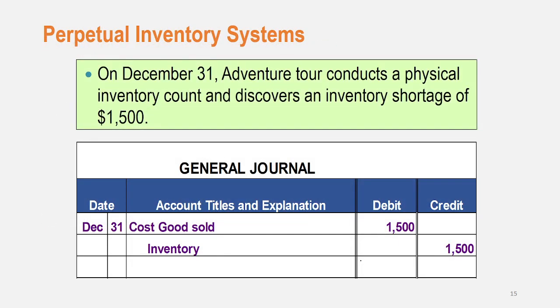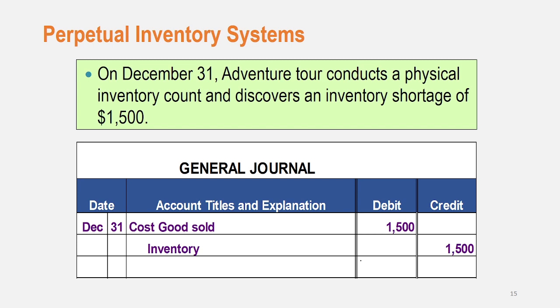So according to the explanations in the past part, we want to analyze one economic record about the perpetual inventory system. Look at the economic scenario. On December 31st, Adventure Tour conducts a physical inventory count and discovers an inventory shortage of 1,500.